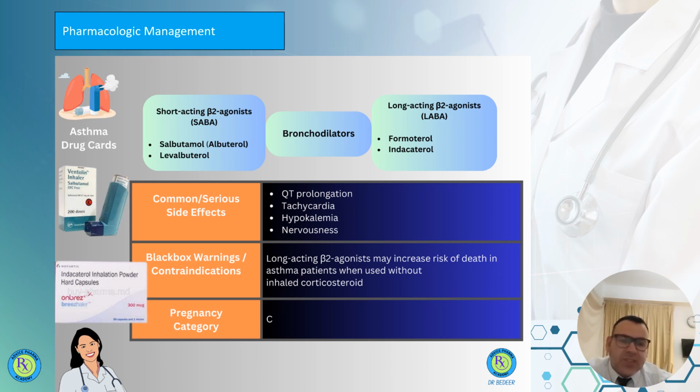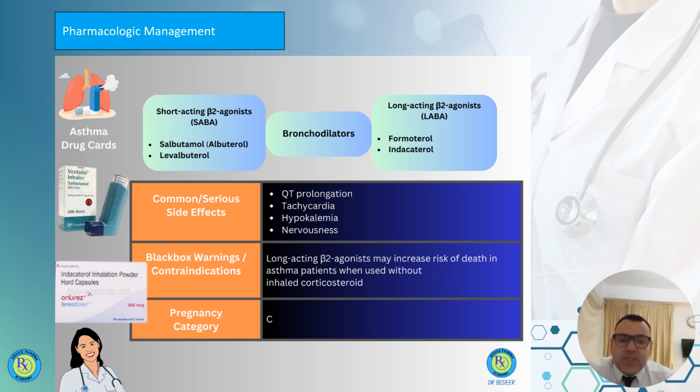So if an asthmatic patient is using LABA, the LABA must be combined with a steroid, otherwise he has an increased risk of death, like using Seretide, which is salmeterol-fluticasone, where salmeterol is the LABA plus fluticasone, the ICS. But salmeterol alone cannot be used in asthma. It has a high risk of death in this type of patient.